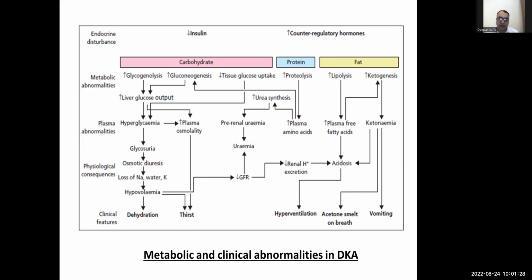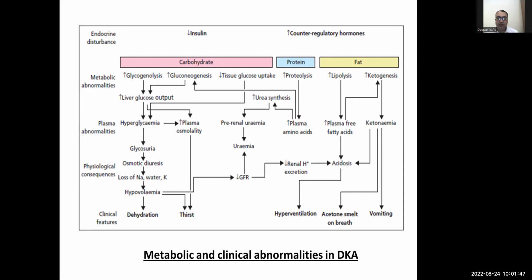So what happens is that dehydration, that is the low plasma volume, followed by a high plasma hydrogen ion concentration, will further increase the severity of the metabolic acidosis in diabetic ketoacidosis.